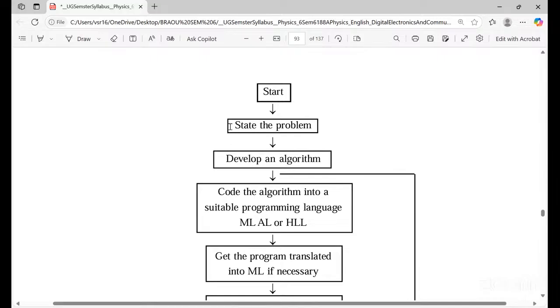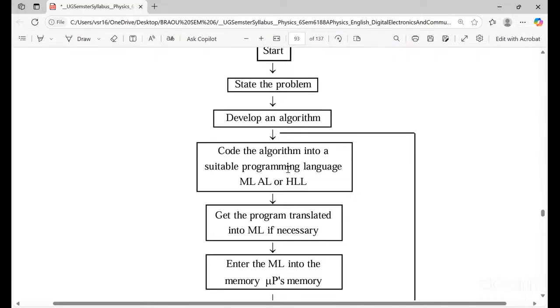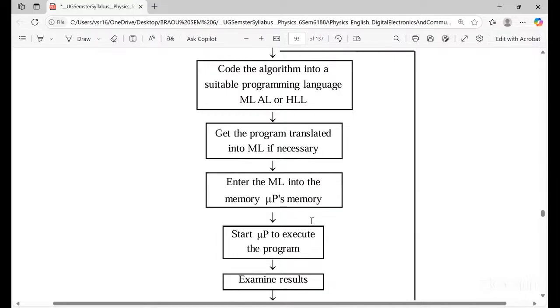Next, start the problem. Develop the algorithm. The algorithm may include the different codes in a suitable programming language. Next, get the program translated into machine language if it is necessary.